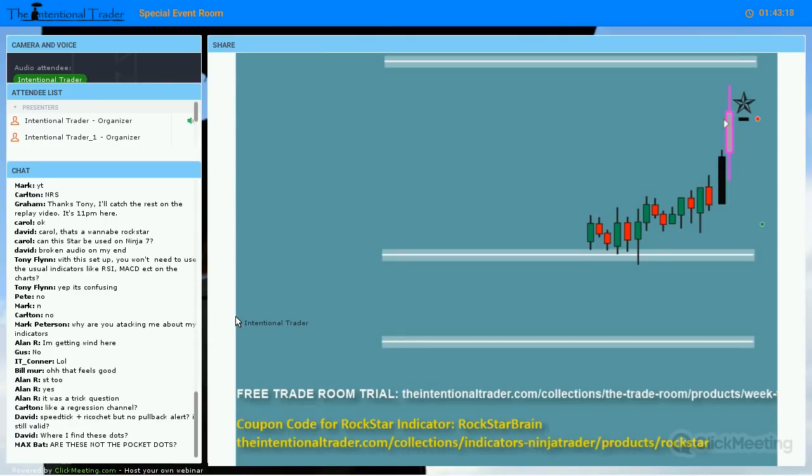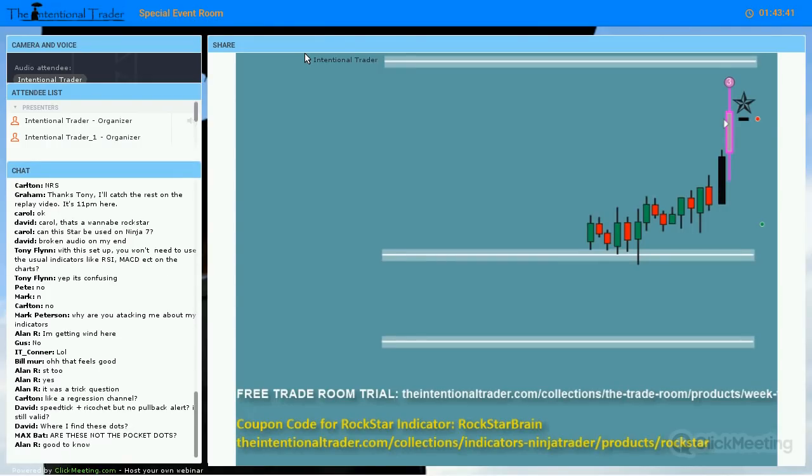I'm still going to use the pullback alert because by far the probability was higher when the pullback alert was present than when it wasn't. Let's see. Did I miss anything? I'm looking at my list here.